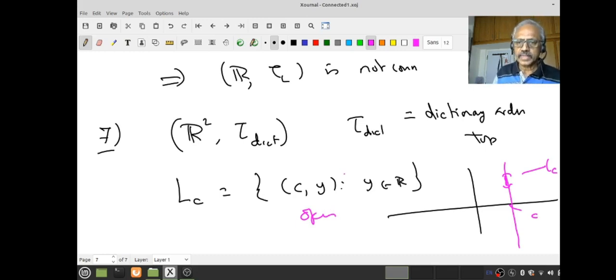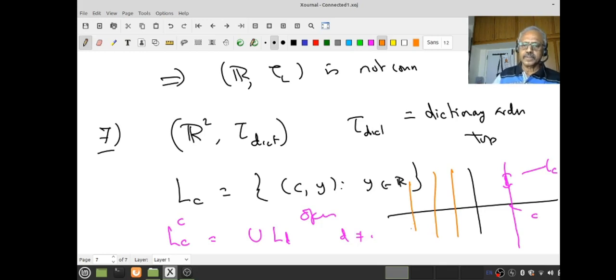But on the other hand, what is LC complement? That is the union of LD, where D is not equal to C, all other lines. These LDs are also open, an arbitrary union of open sets, therefore this is open.